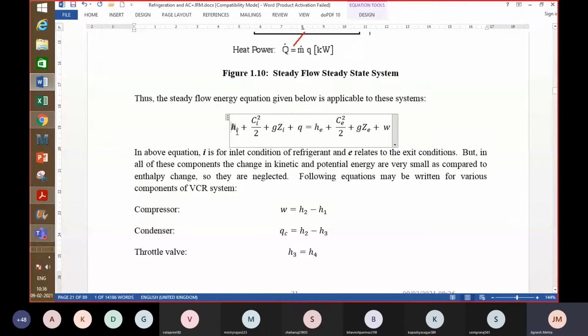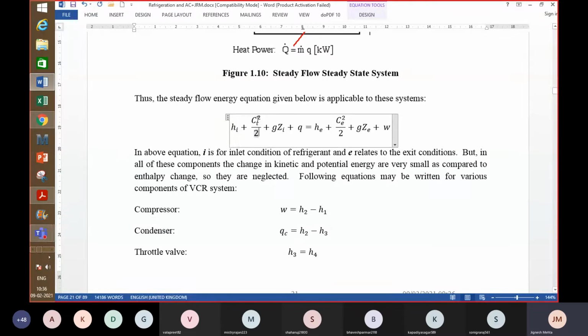Okay, and when you write it as an equation, generally you don't write 2 into 1000 here, assuming that everything is in joule per kg. Even H is in joule per kg, but normally in tables you'll see that it's written in kilojoule per kg, because the joule per kg unit is very small. So you may be more comfortable with the unit kilojoule per kg.